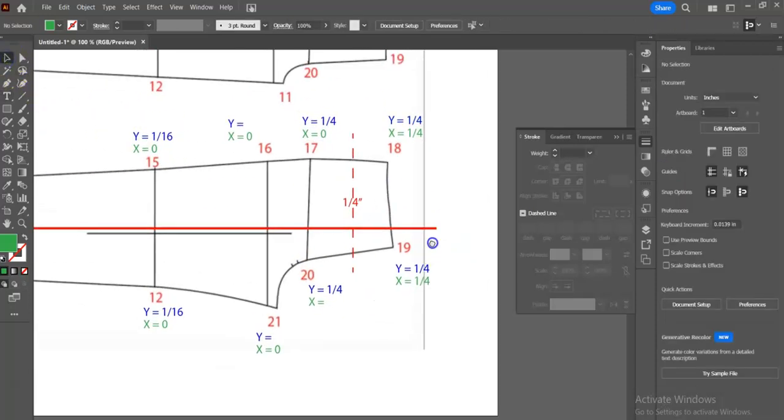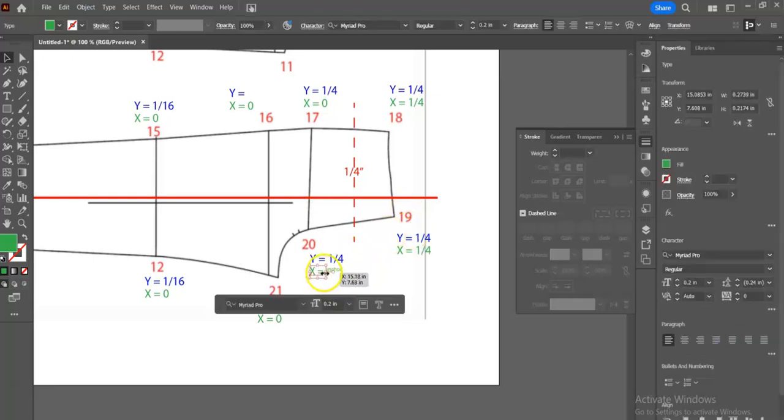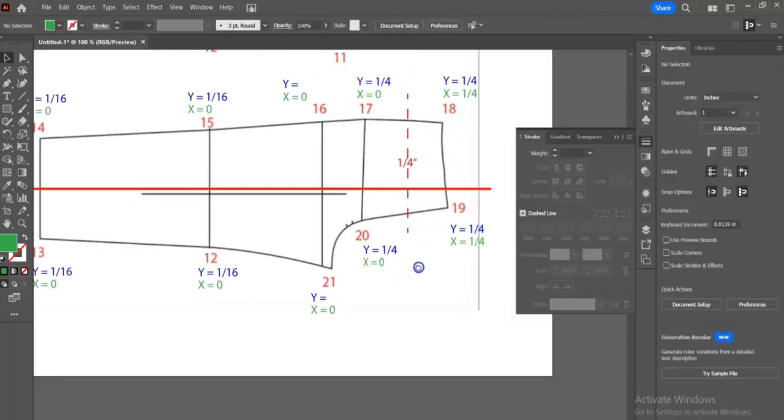The same logic that we used on the bodysuit, if I know I want this to grade 1/4 and my grade above it is 1/4, 1/4 minus 1/4 is 0, okay? So as this moves 1/4, this stays still. This distance between here and here is going to grow 1/4 with this grade movement, okay?